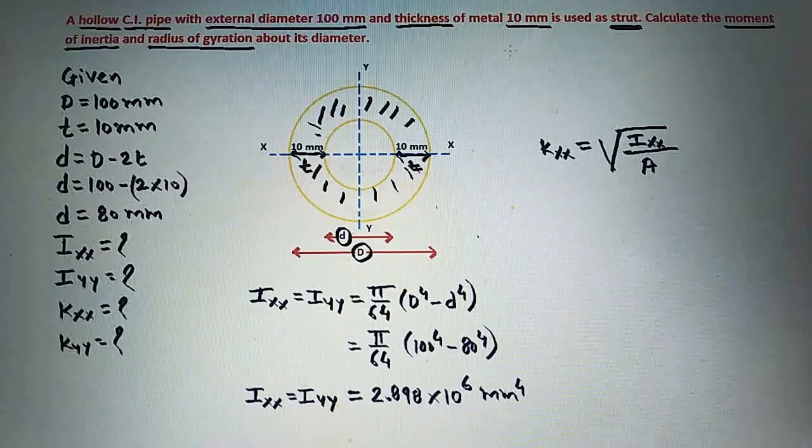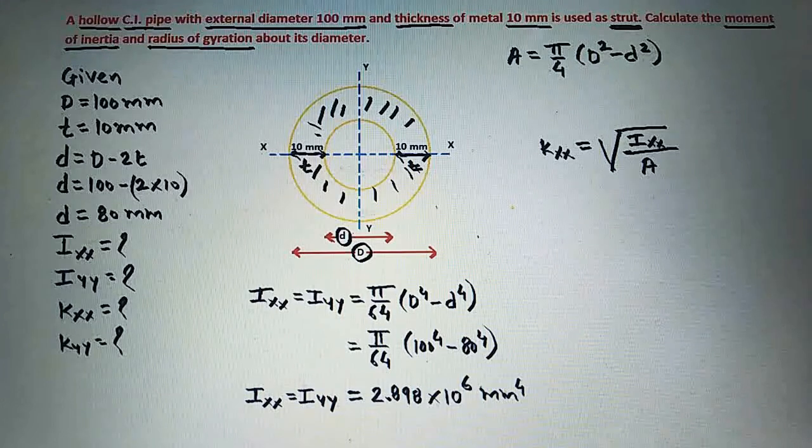Now this is a hollow circular cast iron pipe, so area of this hollow circular section should be equal to pi by 4 in bracket capital D square minus small d square.